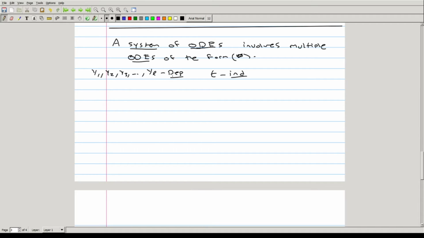So if I have L unknowns, I'll expect to have L differential equations to solve for those unknown functions. F1 is a multivariable function of t, all of the dependent variables, and then all of the derivatives of all of the dependent variables as well.